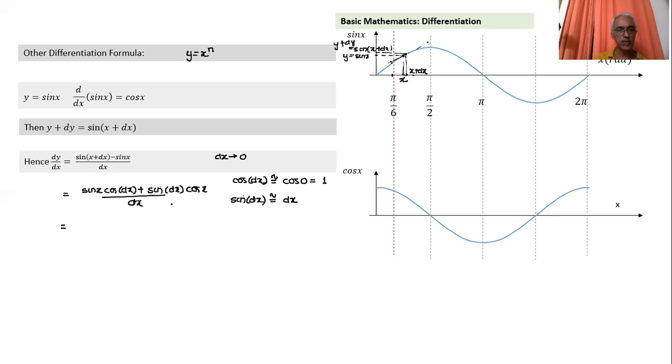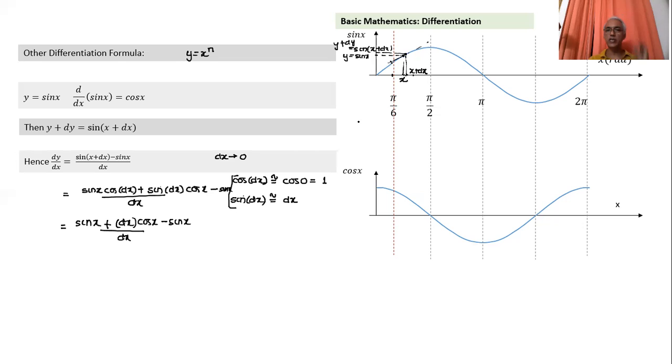So what is the expression we get here? Sorry, minus this sine x is also there. Okay, so let's put these values again. So it becomes sine x. In place of cos dx, we substitute 1, plus in place of sine dx, it becomes dx into cos x, minus sine x, divided by dx.